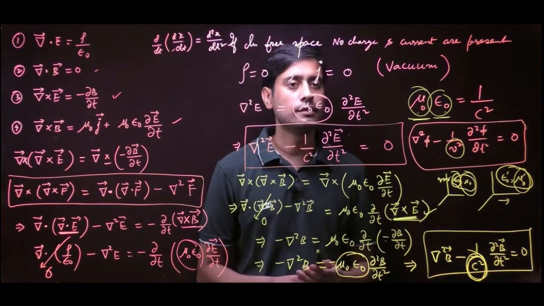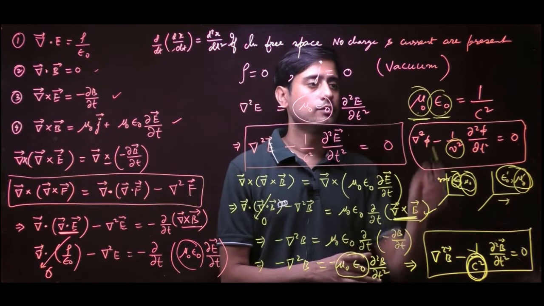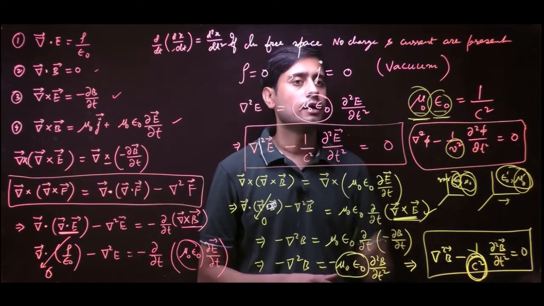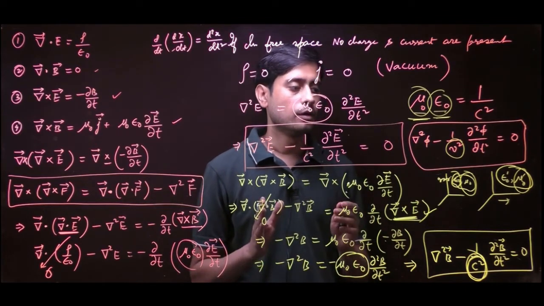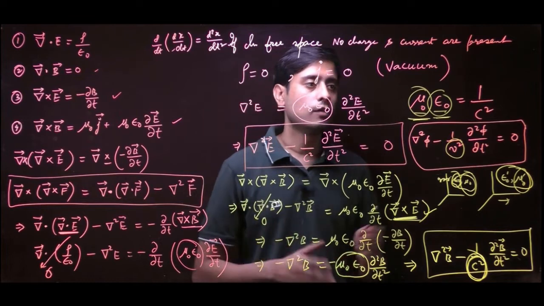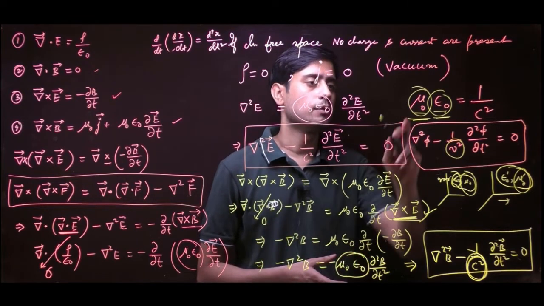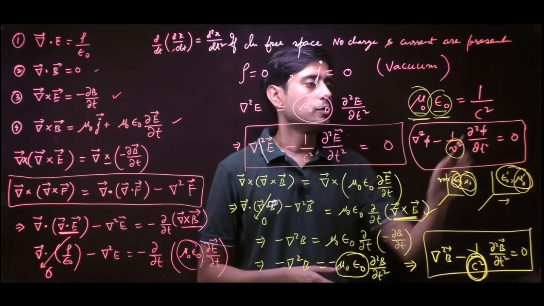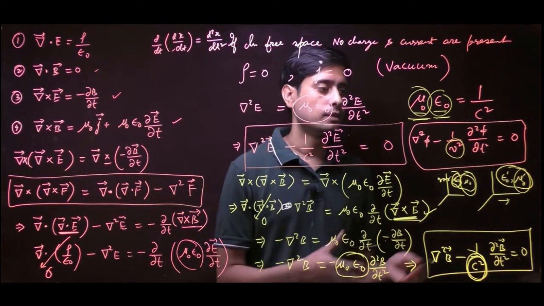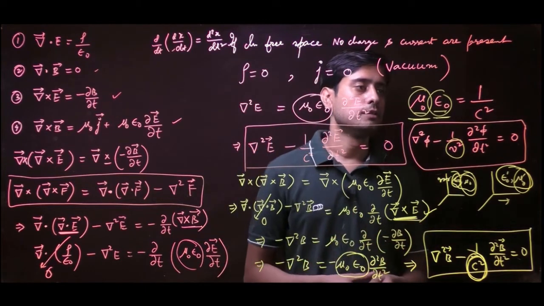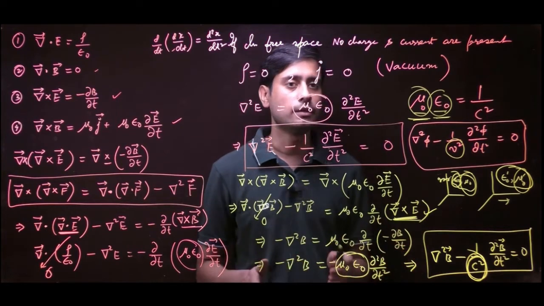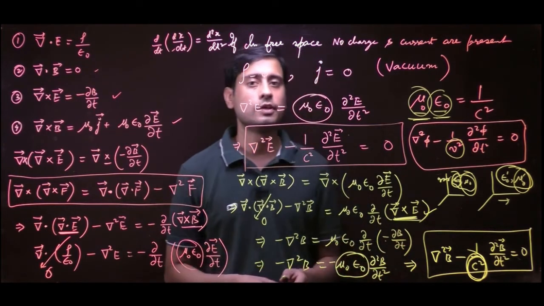The speed of light depends on these two parameters, and these two parameters are independent of the velocity of observers, because these are the properties of space. So the c square term must also be independent of the motion of the observer. So we can say that the speed of light must be independent of the motion of observers.